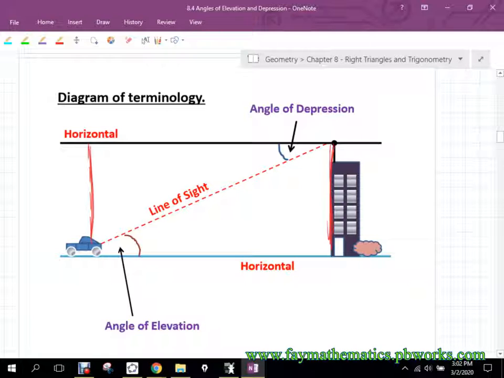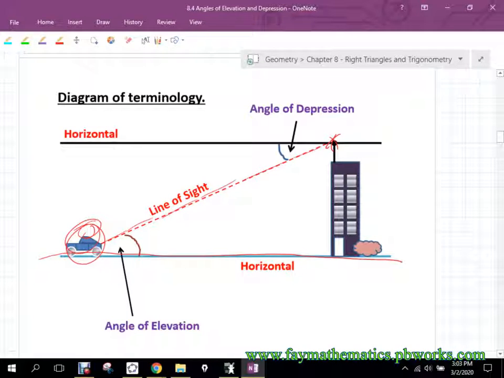Do you guys see a rectangle here? Every picture is going to break down essentially to that rectangle. If we go through any of these problems, and we'll see the first one here in a little bit, if you are the person sitting in this truck and you're gonna look at the top of this building, your line of sight is that dotted line, correct? The ground is horizontal.